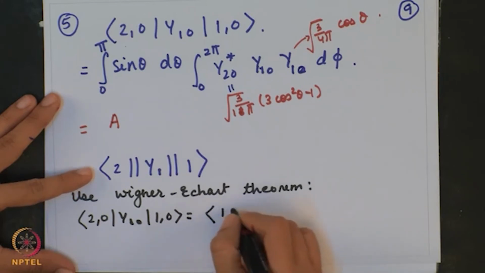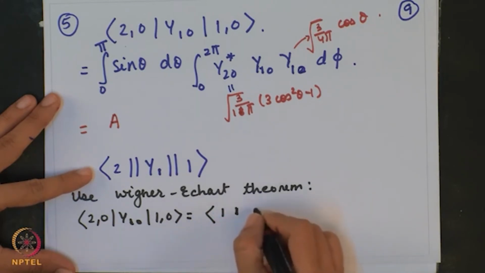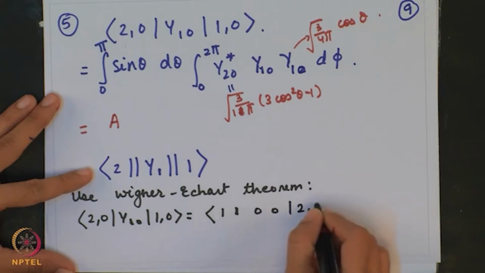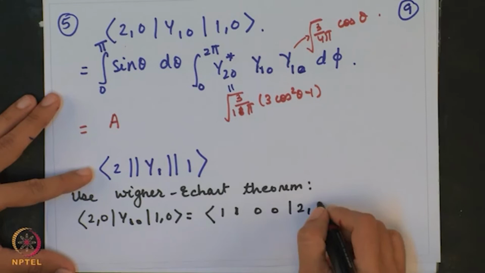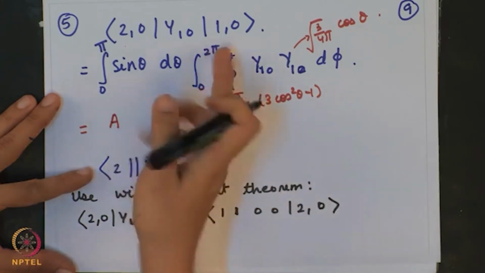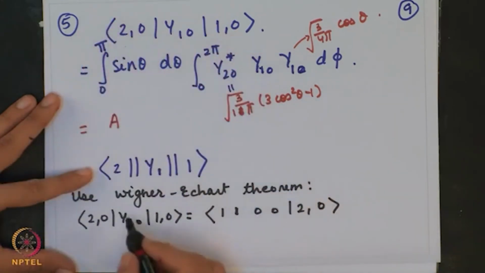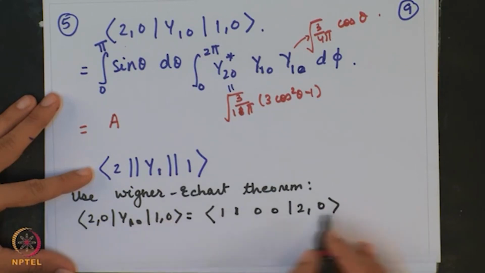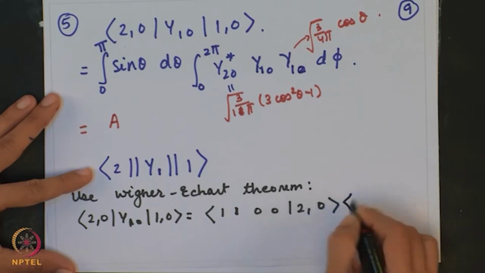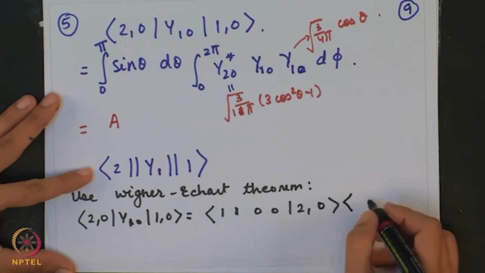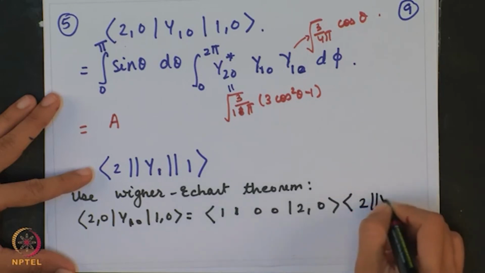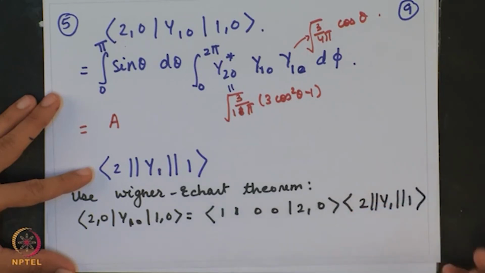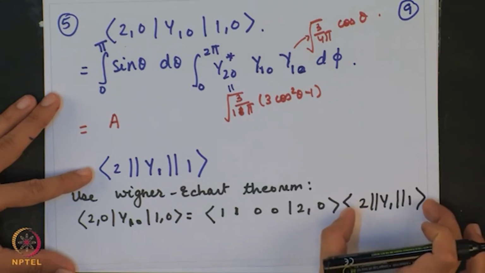I am directly writing the relevant terms, okay. So, this is 2 0, this is the term, it has got flipped, just do not bother about it, 1 0 1 0. So, 1 1 0 0 2 0, I have just flipped it. It does not matter if you flip the terms, it will not change the result anyways. <2||Y||1>. So, this is the term which you need to evaluate.